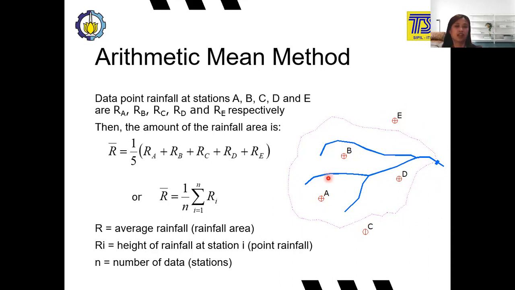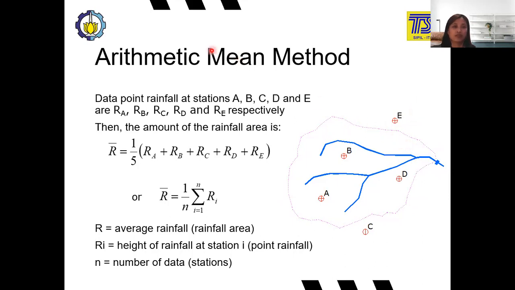So it's down, and this one is the upper side. If that's the case, you also cannot use this E station because the rainfall recorded in the E station will not represent the watershed good enough.